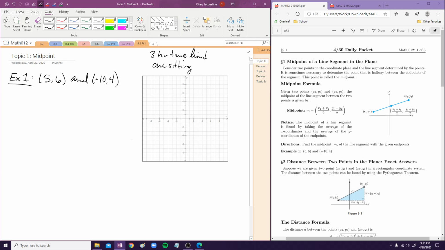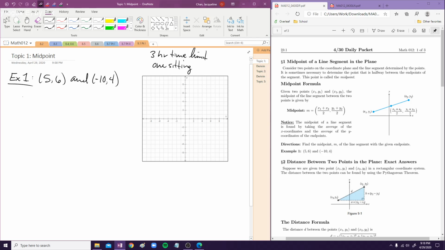Another thing I want to mention is that the midpoint of a line segment is found by taking the average of the x-coordinates and the average of the y-coordinates. And again, what is the average? Let me do a concrete example.